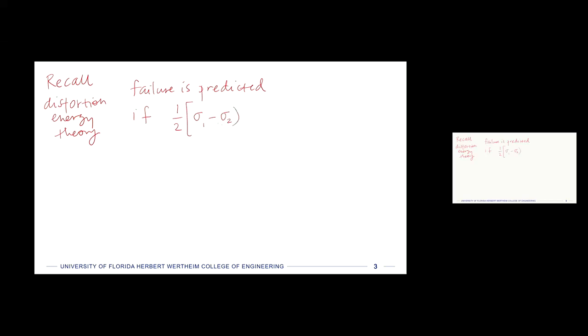I'm going to write it out here just so that we can see the similarities of things. It's just the difference of all the different combinations of principal stresses. If that factor, and then we take the square root of that whole thing, is greater than or equal to some failure stress, then we would expect that thing to fail. And if our failure stress we're defining as yield, we put yield stress in there.